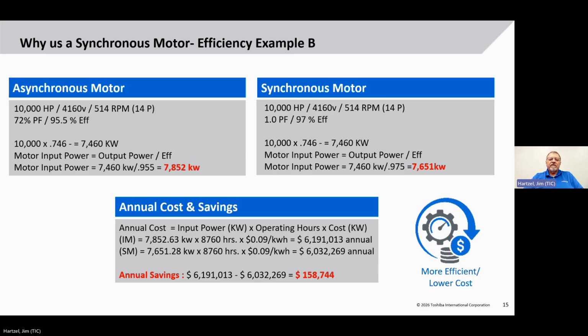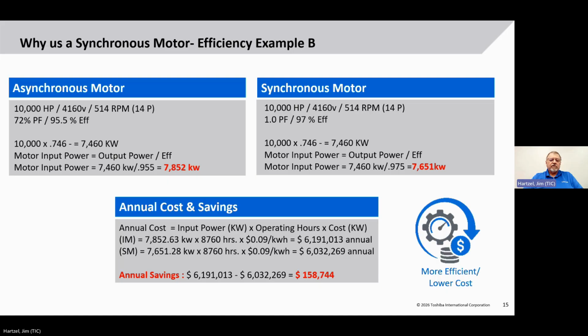So you tend to see synchronous motors on larger horsepower. You don't see them at 100 horsepower, 300 horsepower. Typically, they're several thousand horsepower up through 10, 20, 30,000 horsepower.